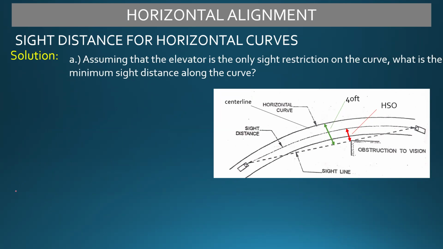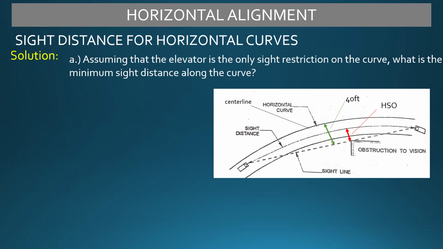Okay. So 40 feet from the center line, let's consider one lane. So center line means the middle of our two lanes. So 40 feet from the center line.